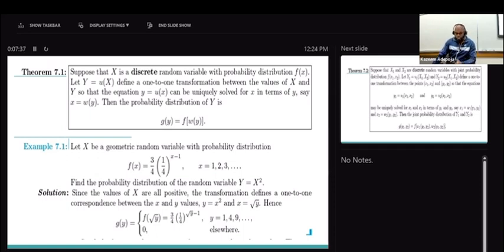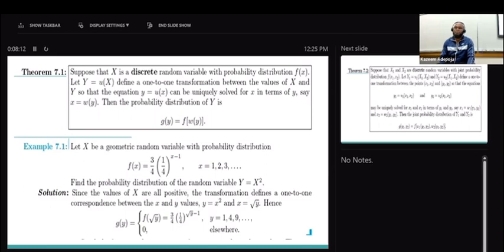Now, we are seeking to derive a probability function for Y, and it's a square of X. So what we're going to do, we need to first get the inverse. If Y equals X squared, then you need to solve for X. When I solve for X, I'm going to have two values: the square root of Y, plus square root of Y, and negative square root of Y. Okay, the negative will be outside.